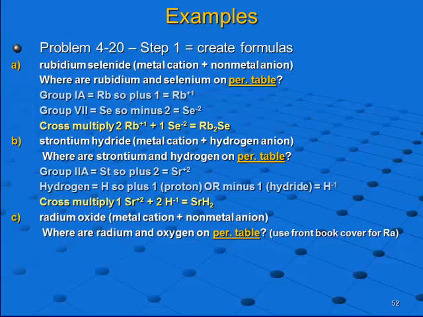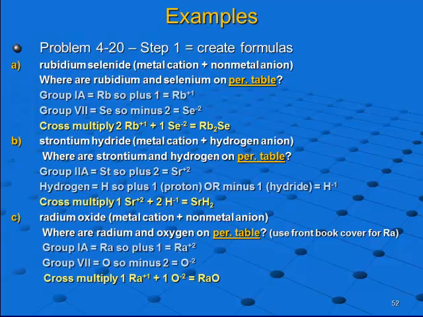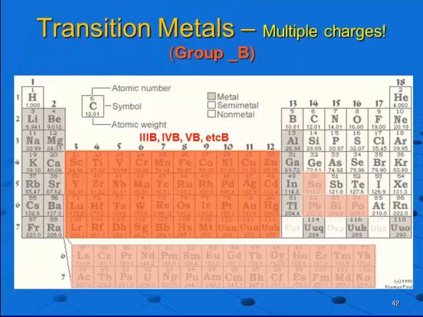This last example, radium oxide. You have to find them on the periodic table. You find radium and you find oxygen. Radium is group 1A, so it's going to be a +1. It isn't though. I'm sorry, I've made some errors here. Radium, if we find it on the periodic table, which I should go back and do, radium is a +2.